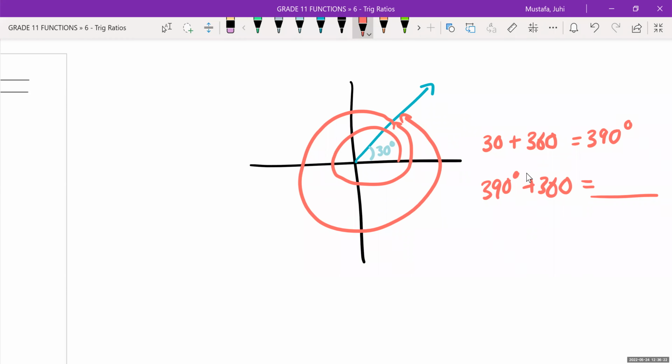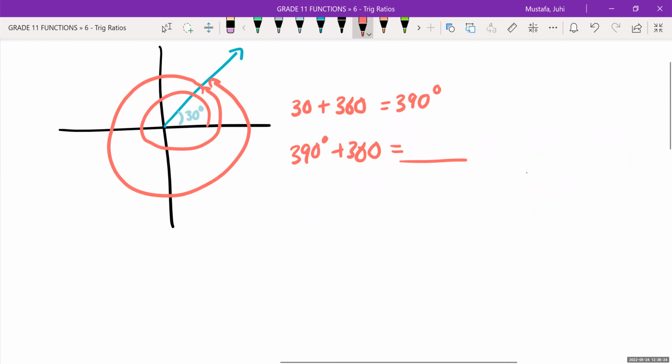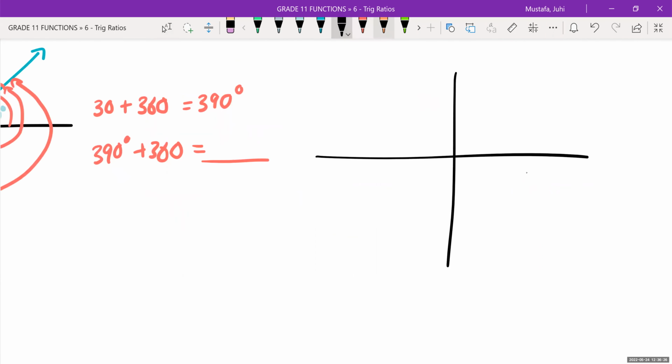Now, what about if you're going the other way? It's really the same concept. The only thing is if you're going the other way, so let's say I draw a terminal arm over here and I tell you that from here to here, it's negative 200 degrees. And now I'm saying find another coterminal arm. You have the same position. You're going to start here.